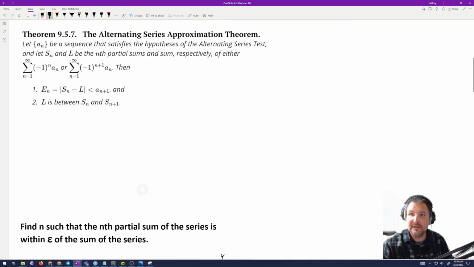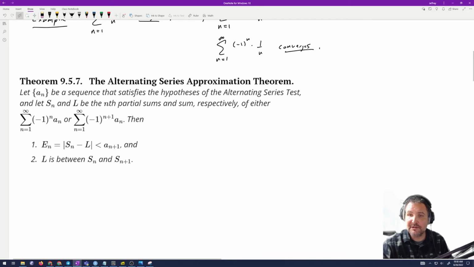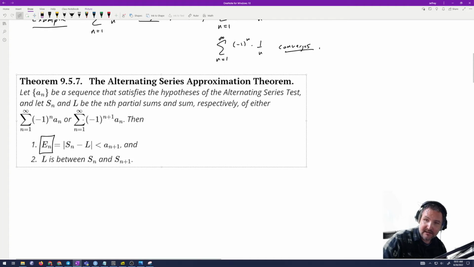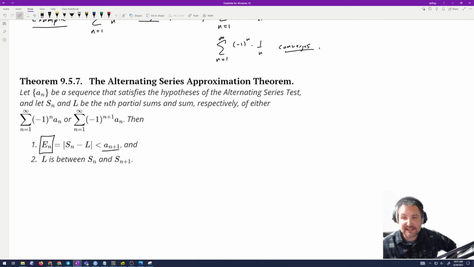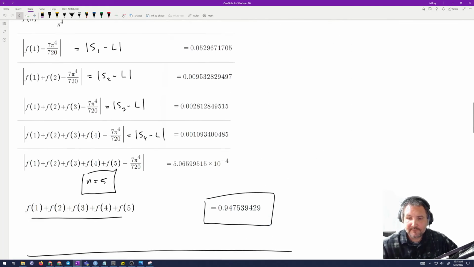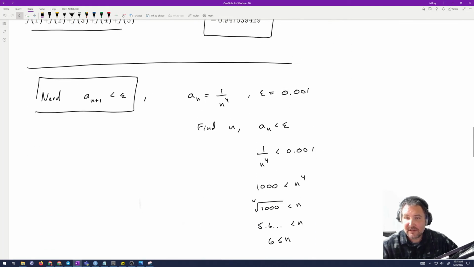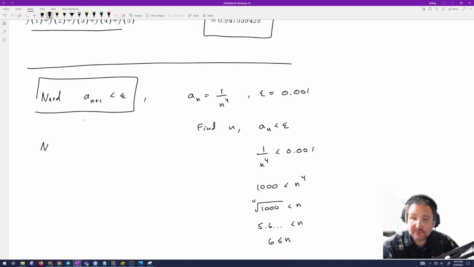If we go back up to look at the theorem, we want to find n so that the error, which is the distance from the actual limit, is less than a_(n+1), because we want to go far enough so that that's less than epsilon. Okay, well, if n is 6 here, we just need to have n plus 1 being 6. So we need a_(n+1) to be less than epsilon.